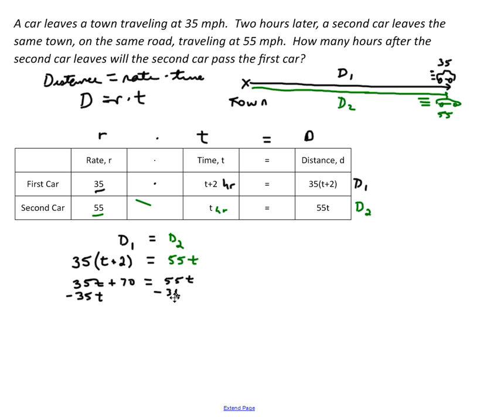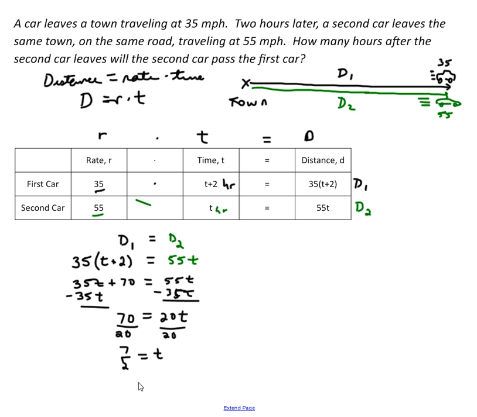When we do the subtraction right here, we get 70 is equal to, let's see, 55 minus 35, that would be 20 times t. Well, we want to isolate t in this equation, so we divide both sides by 20. We get 7 over 2, if we reduce that fraction, is equal to t.